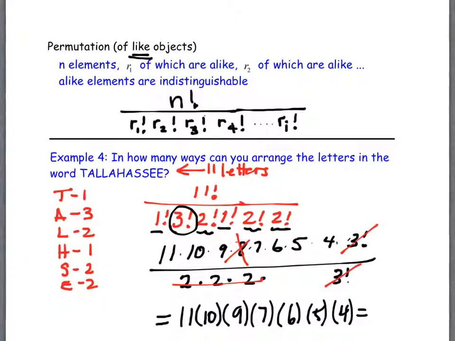Say it for me again, Shelby. 831,600. Is that what you guys have? A confirmation? Yes? Okay. Does that make sense? Is everybody good with that?